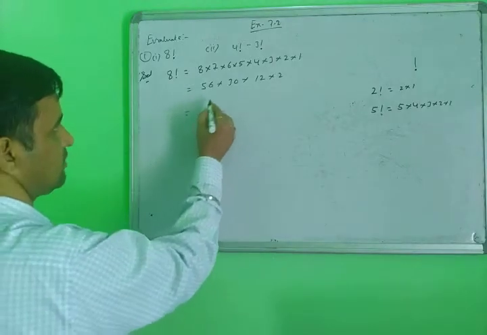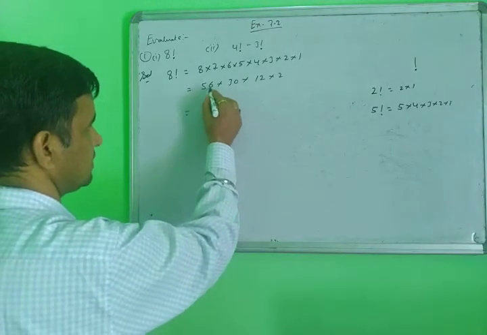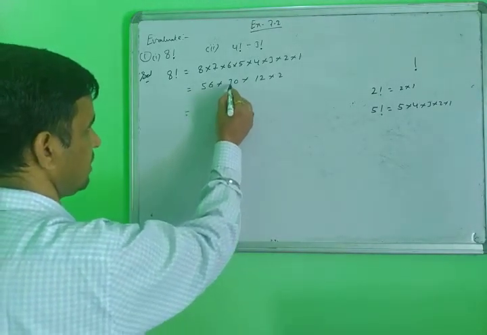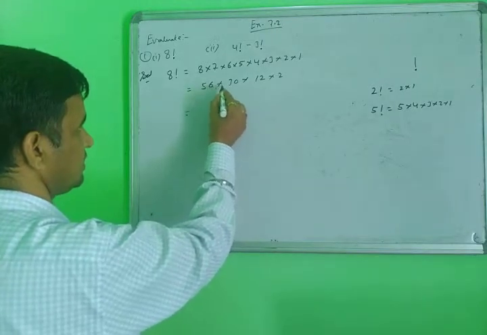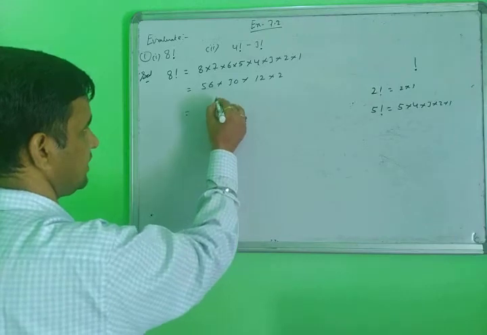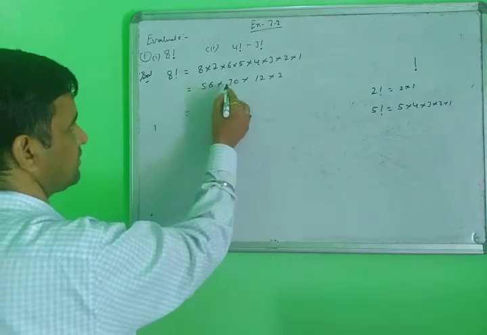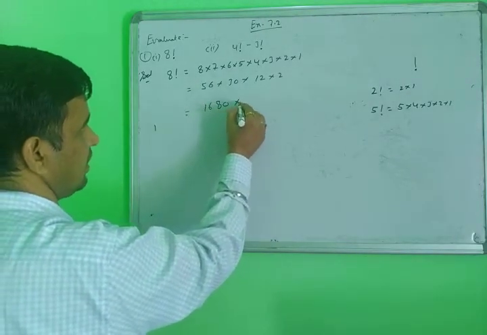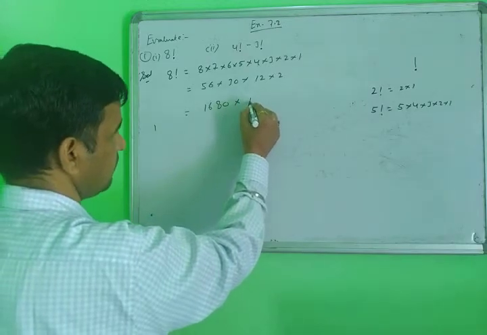Next, you multiply here: 0, 6 times 3 is 18, carry 1, and 5 times 3 is 15, plus 1 is 16. Then 12 into 2.